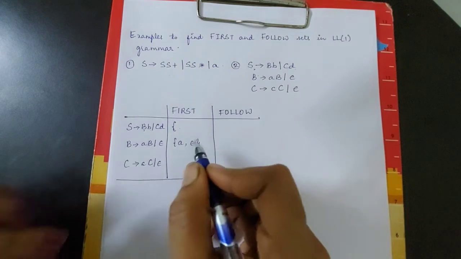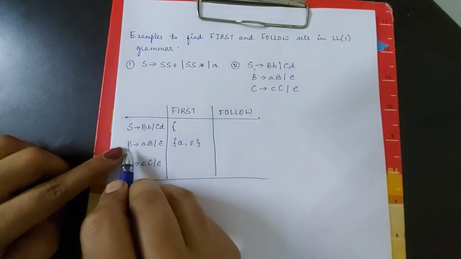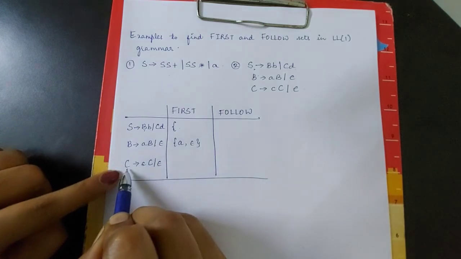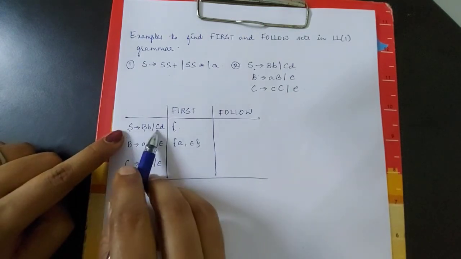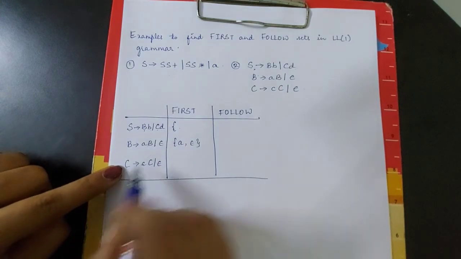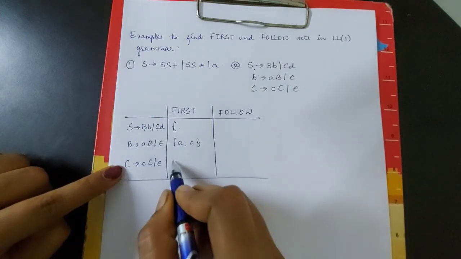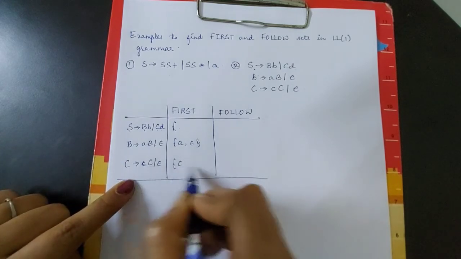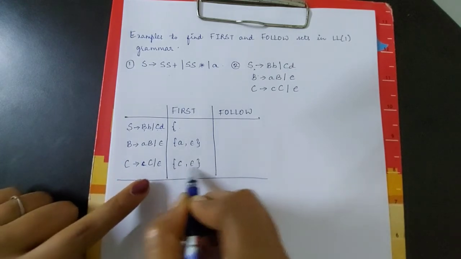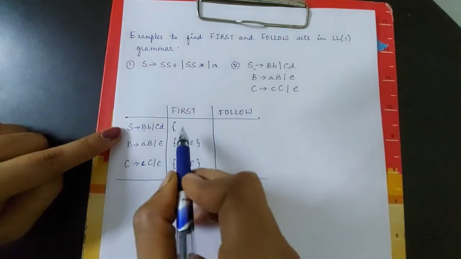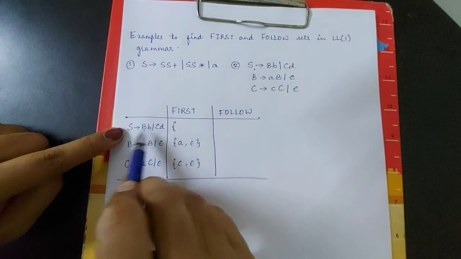It can be present in the set of first of B. Next, we will also have to calculate first of C, because S produces CD. There is another production. So we need to find the first of C in order to find first of S. So what is first of C? It is C and empty string epsilon. For this production. So taking this into consideration, we will find first of S.